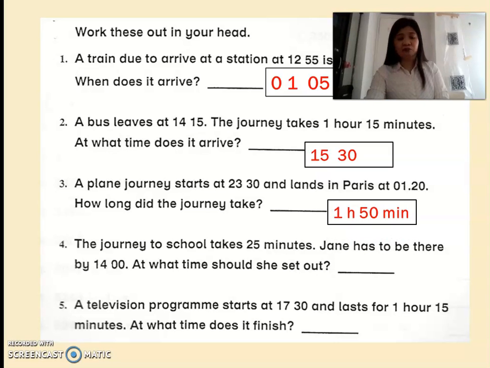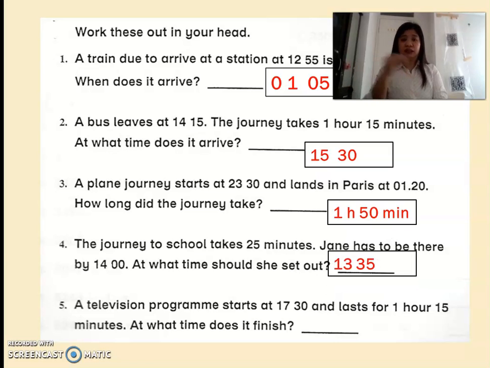Okay, next. The journey to school takes 25 minutes. Jane has to be there by 1400. At what time did she set out? Okay, so she needs to set out by 13:35. Why?